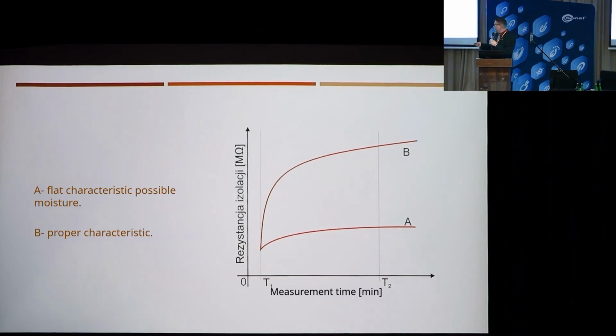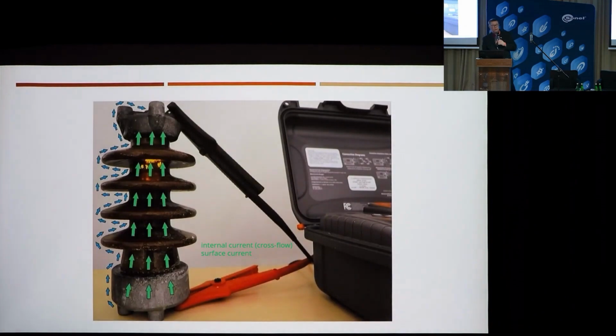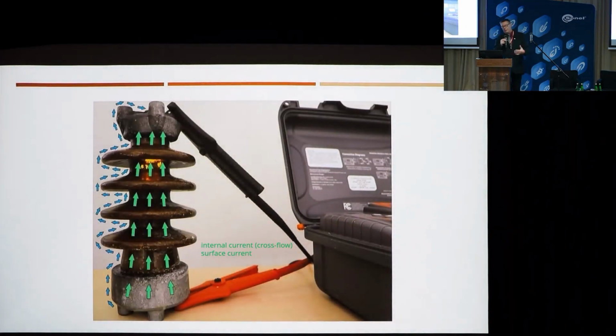If, on the other hand, the graph is flat, then you can suspect, for example, moisture ingress. But for that purpose, it's worth having a meter that won't necessarily be chosen only by us because of the voltage, but also, for example, because of the measurement method.